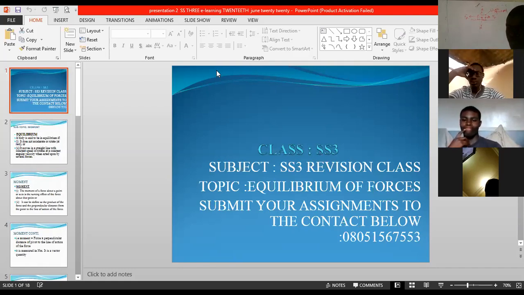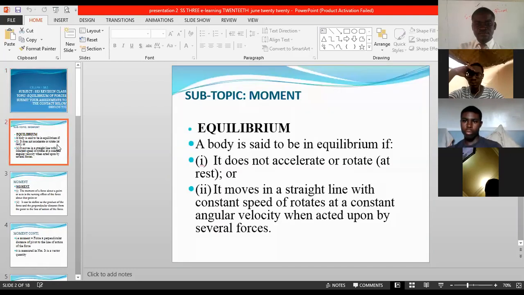Then the body is said to be at equilibrium. A body is said to be at equilibrium if it does not rotate or move, if it is stationary, or if it is at rest. A body at rest has weight. So now, our next slide. Now look at this.